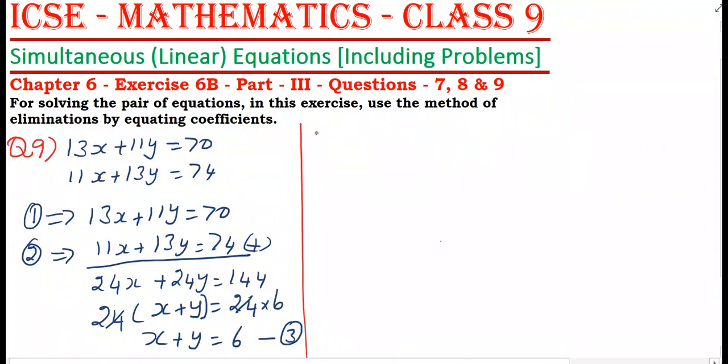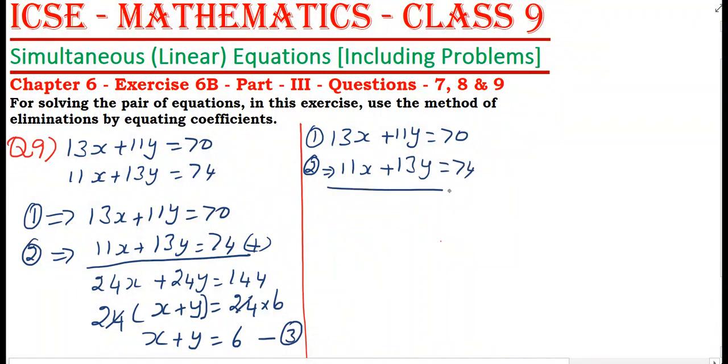Once again we are taking equations 1 and 2, but this time we are subtracting 2 from 1. So equation 1 is 13x plus 11y equal to 70, and equation 2 is 11x plus 13y equal to 74. So we can subtract this.